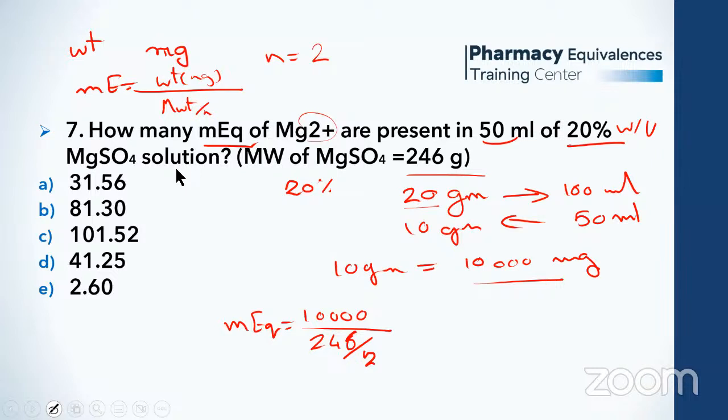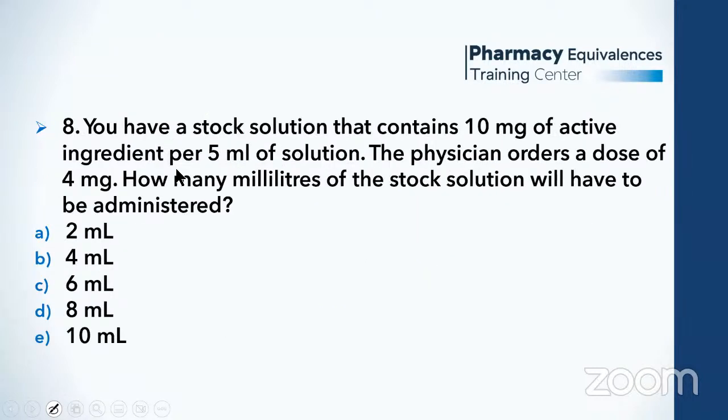So we can calculate the milliequivalents here, which will be 81.3 milliequivalents. A very easy question, like all others on milliequivalents. Just know the formula and use the right units.